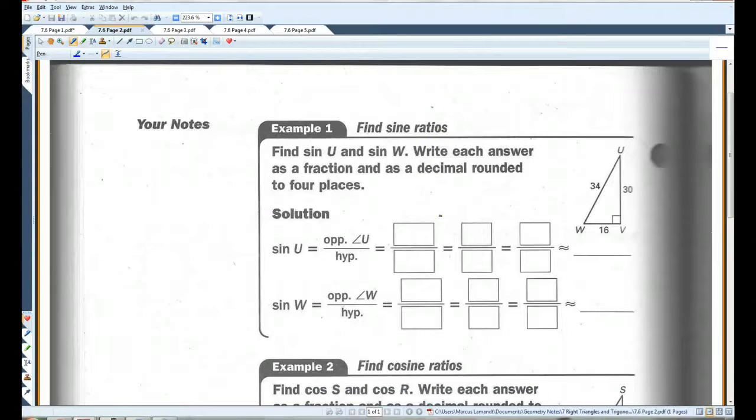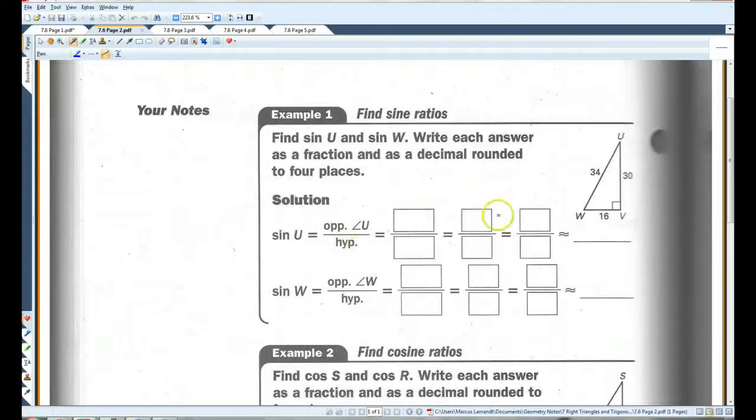Find sine of U and sine of W. Write each answer as a fraction and as a decimal rounded to 4 places. Alright, so sine of U. Opposite over hypotenuse. The side opposite U is WV. The hypotenuse is WU. WV is 16.